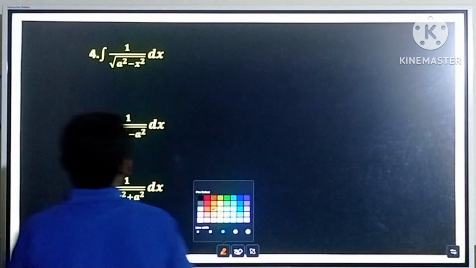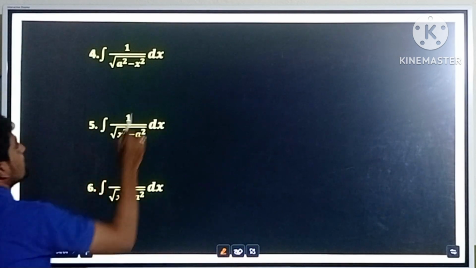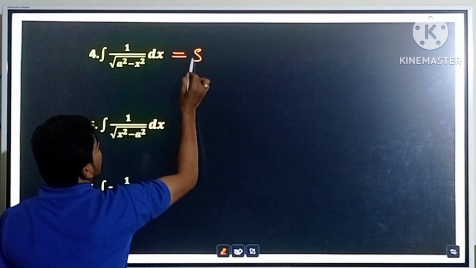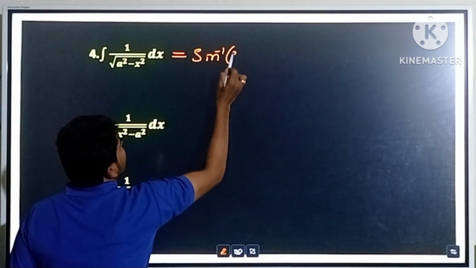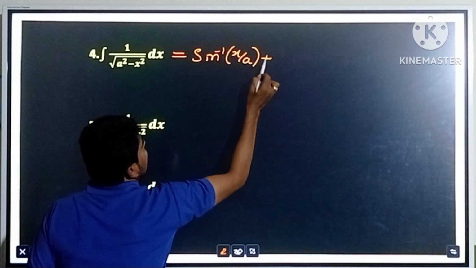Here integration of dx divided by square root of a square minus x square is equal to sin inverse of x by a plus c.